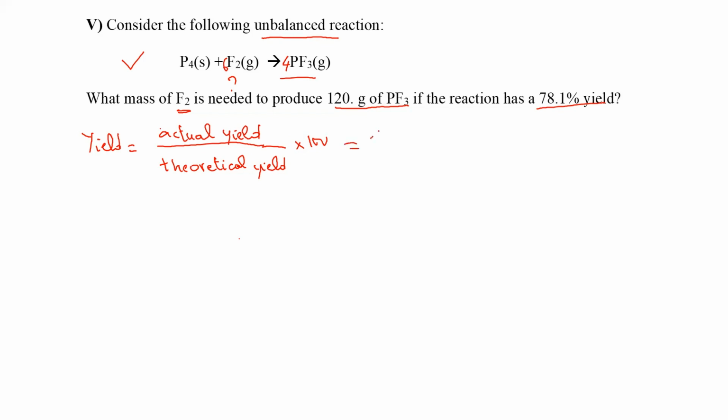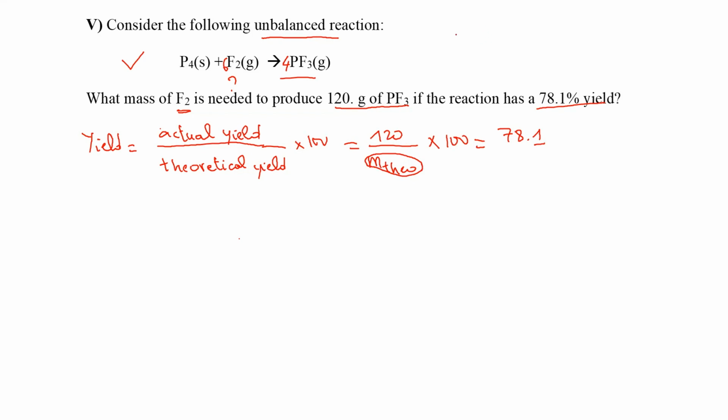We have 120 gram. And we don't know the theoretical yield yet. This is our unknown. And we have times 100, and this is equal to 78.1. So to be able to solve the problem, we need the theoretical mass of phosphorus trifluoride.